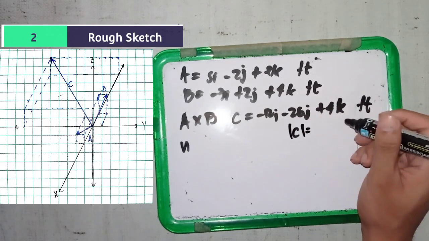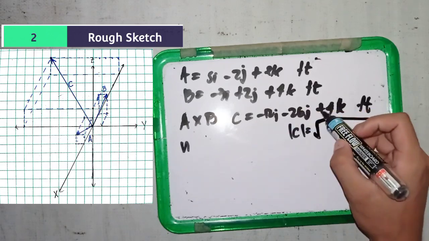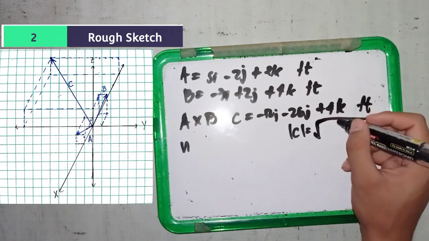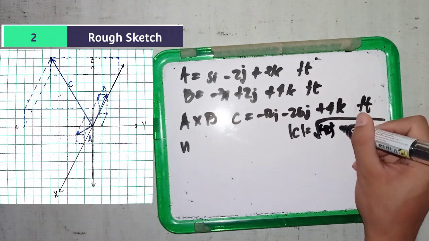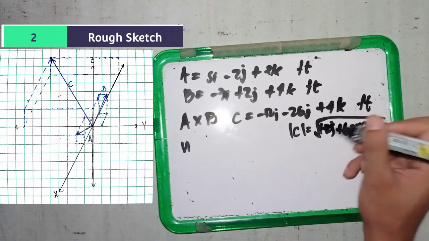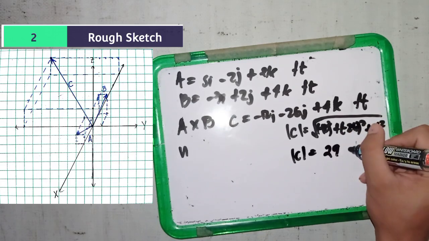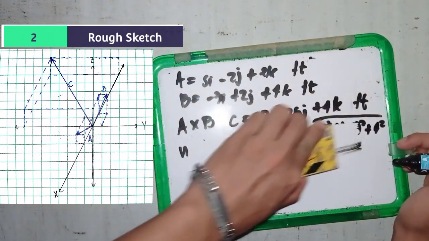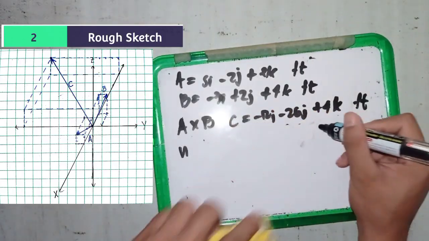So the magnitude of the C vector is to find the squares of these values and add them, and square root of them. So negative 12 squared plus -26 squared plus 4 squared, and its magnitude is 29 feet.